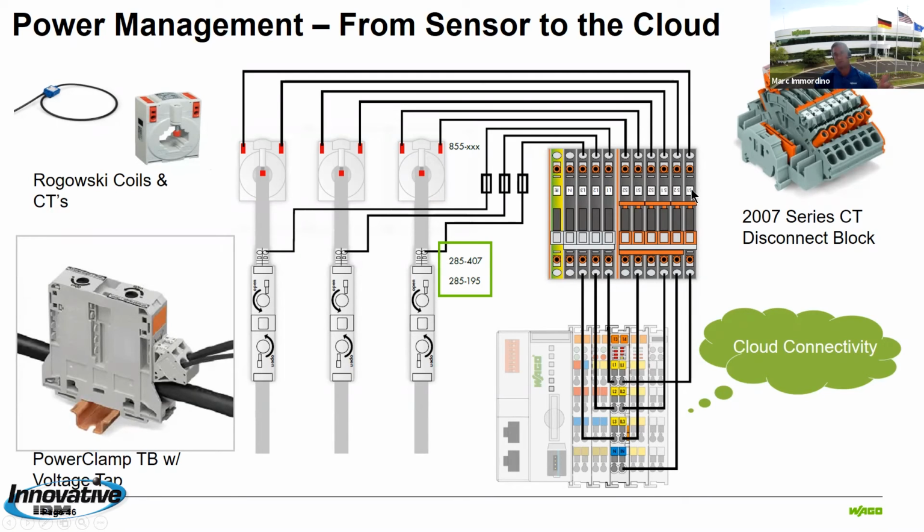Those are important, so just keep in mind our 2700 series disconnect blocks. And then this signal is passed over to one of our three-phase power measurement modules. The line voltage comes in on one side, your CT measurement comes in on the other, and then we can use this data and analyze this information. We'll get into how we do that in just a moment.